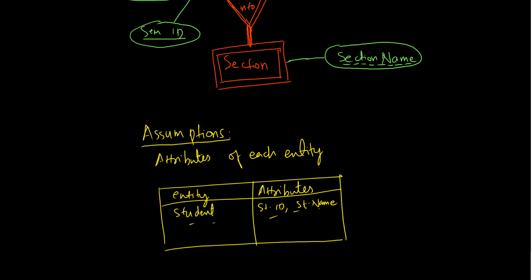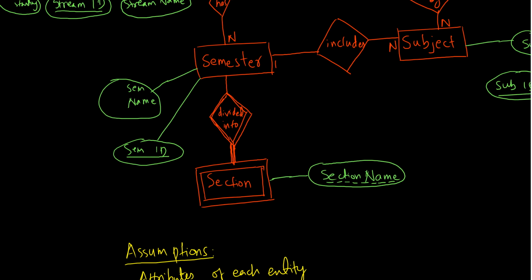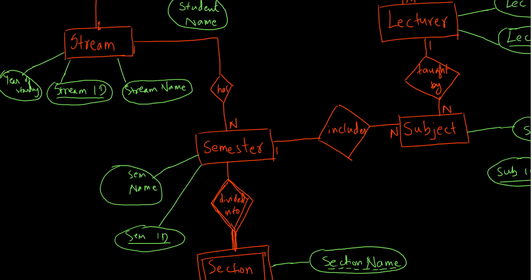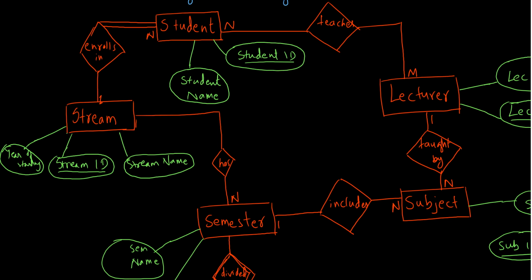And apart from this, if you have made any other assumptions, for example, we have assumed that a semester can have multiple subjects, but a subject cannot, this is something very obvious, but still these kinds of assumptions you can write at the bottom of the answer.